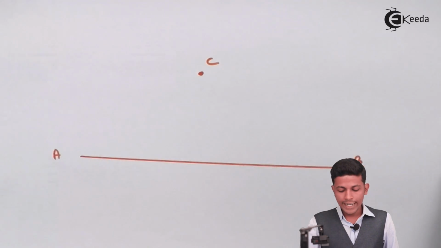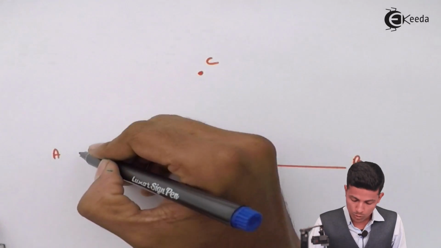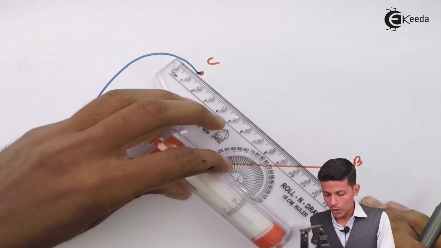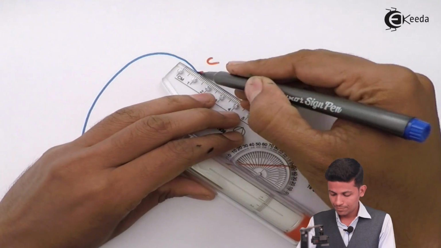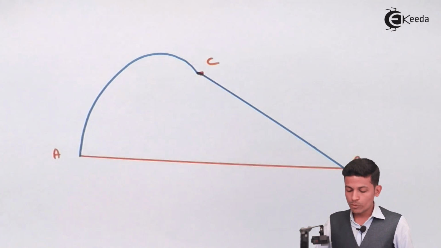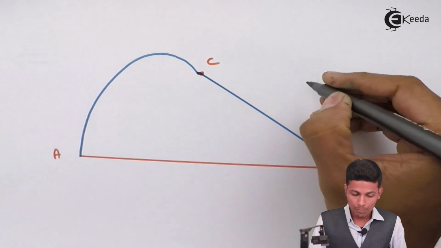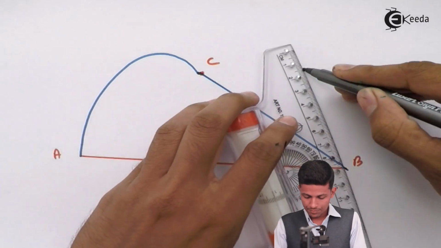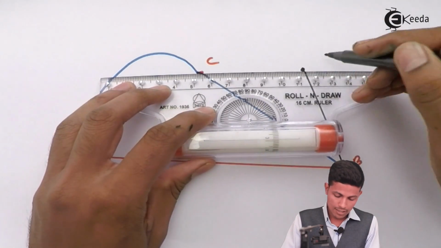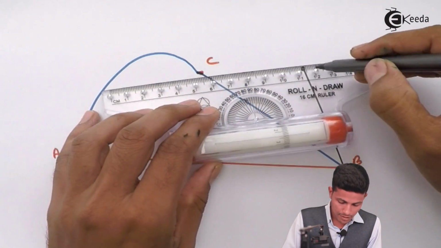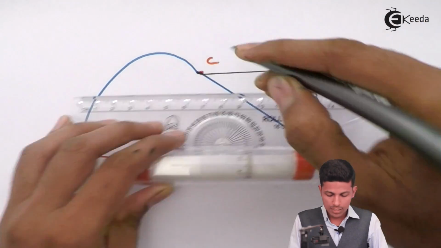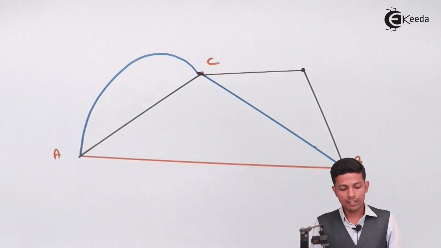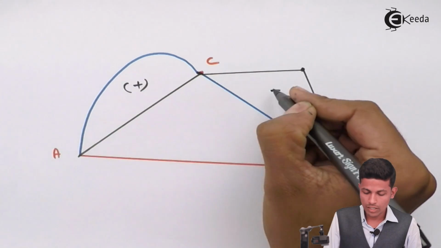Now see, in A to C we have the UDL, so directly draw the UDL over here and join it at B. And in the second part we have the point load in this part. So draw the point load till C, and then join it. And this is the other part. So this is your positive, this is your negative.